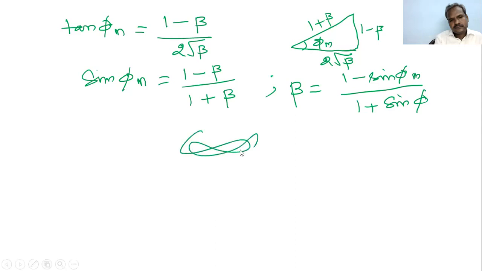Okay, lag compensator. So let us represent the lag compensator in an electrical network.